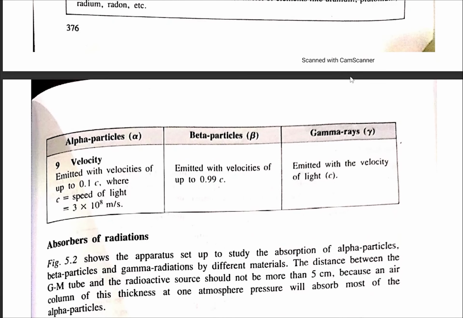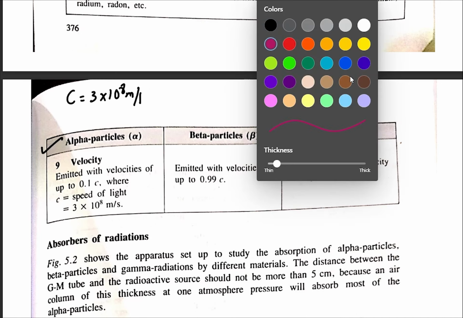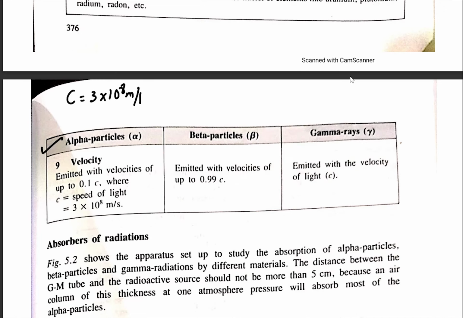their relative velocities, how fast they're moving, and the speed of light, which is c equals 3 into 10 raised to the power 8 meters per second. What he has done is written down all velocities in terms of the speed of light. So when we write down that the alpha is at best 0.1 times c, that means it is 10% the speed of light. That would be approximately 3 into 10 raised to the power 7 meters per second, much lower than the rest of the particles.